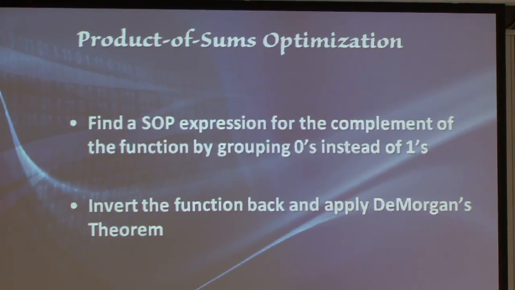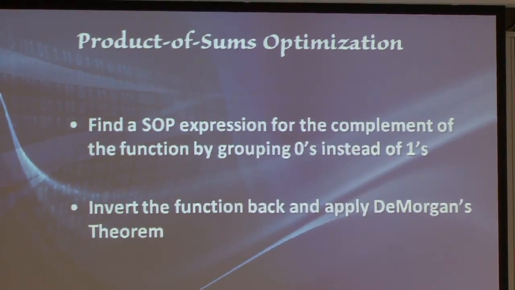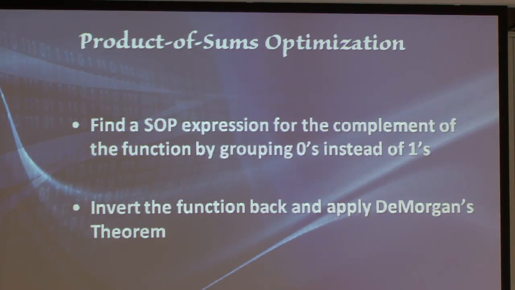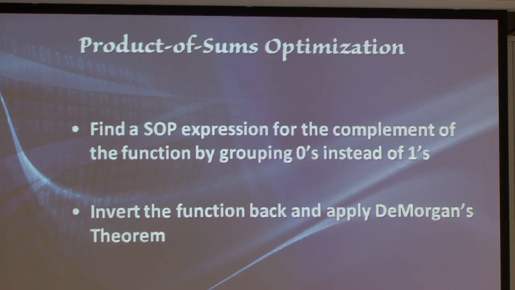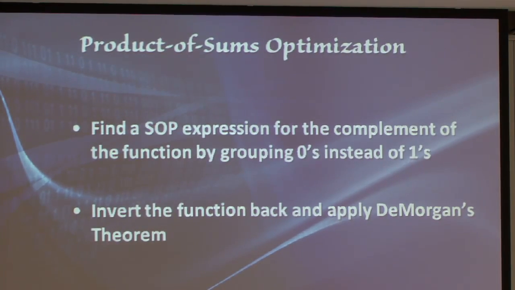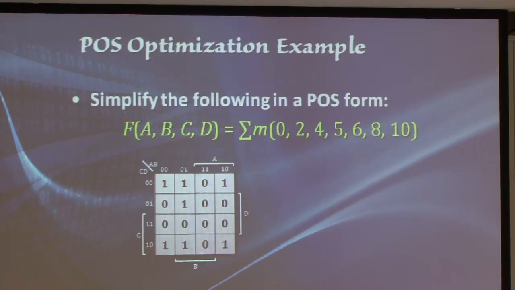And trying to do things in reverse starts to be confusing. So we will find the sum of products expression for the inverse of the function. And then we'll invert it using De Morgan to get the actual function back, but applying De Morgan to a sum of products yields a product of sums, as we'll see in the example now.